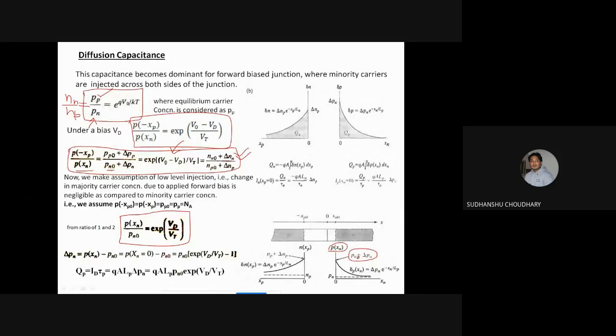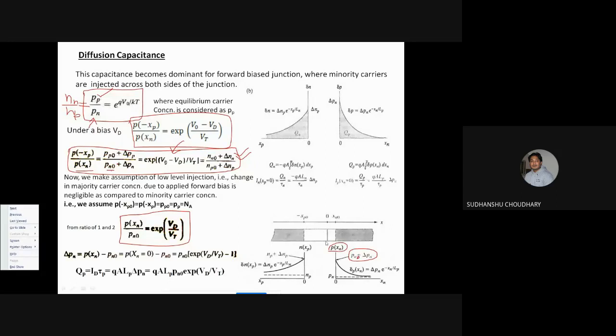Now we make another assumption, that is, when there is low level of injection, obviously when the forward bias is increased across the junction, let us assume that the majority carrier concentration profile does not change much.